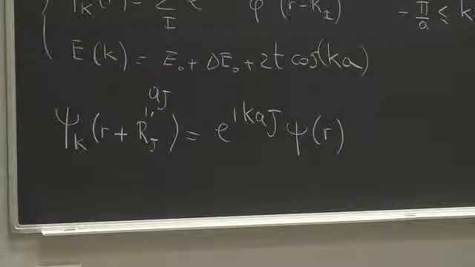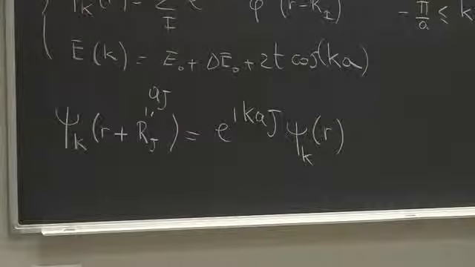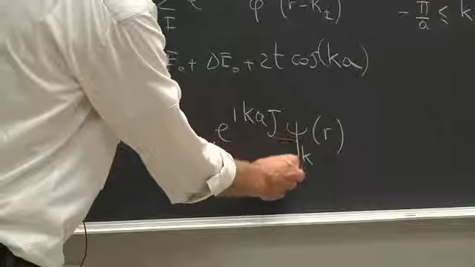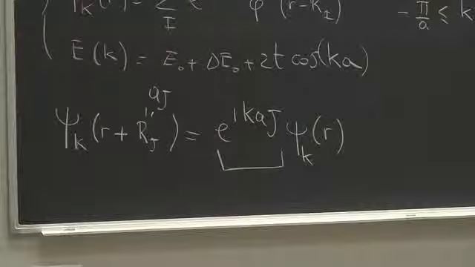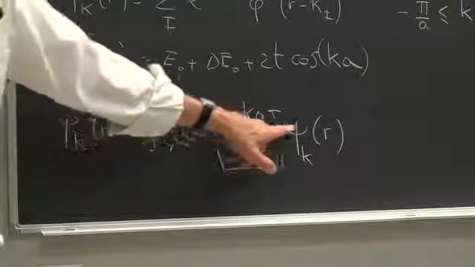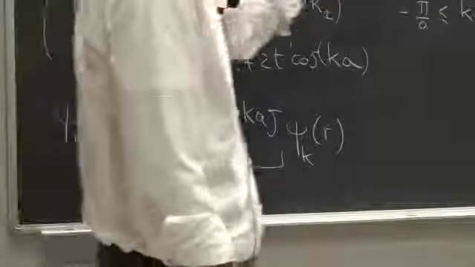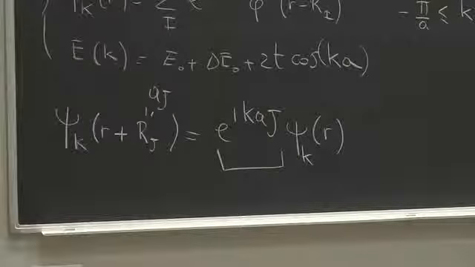In other words, if I translate my wave function by an arbitrary repeat unit, I get back to my wave function, but I acquire a phase which is proportional to the length, the number of steps, how many steps I actually moved.